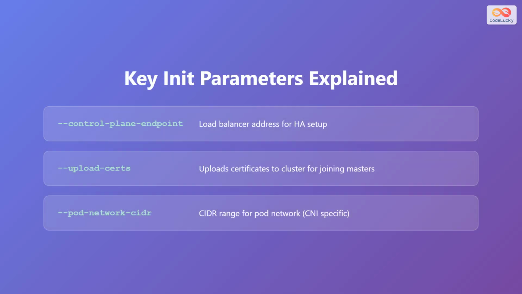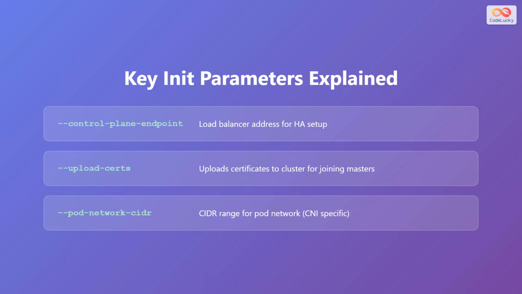Let's break down these initialization parameters in detail. The control plane endpoint is the load balancer address that all cluster components will use to communicate with the API server. This ensures traffic is distributed across all masters. The upload certs parameter automatically uploads control plane certificates to a secret in the cluster.